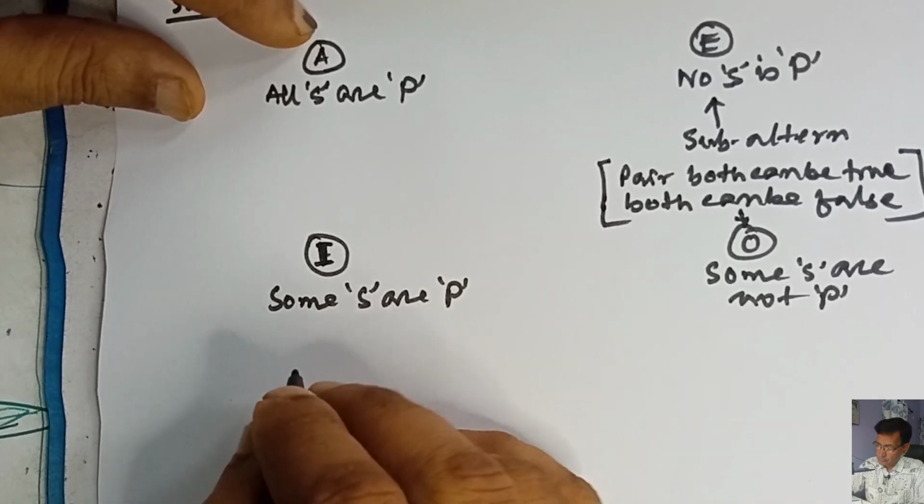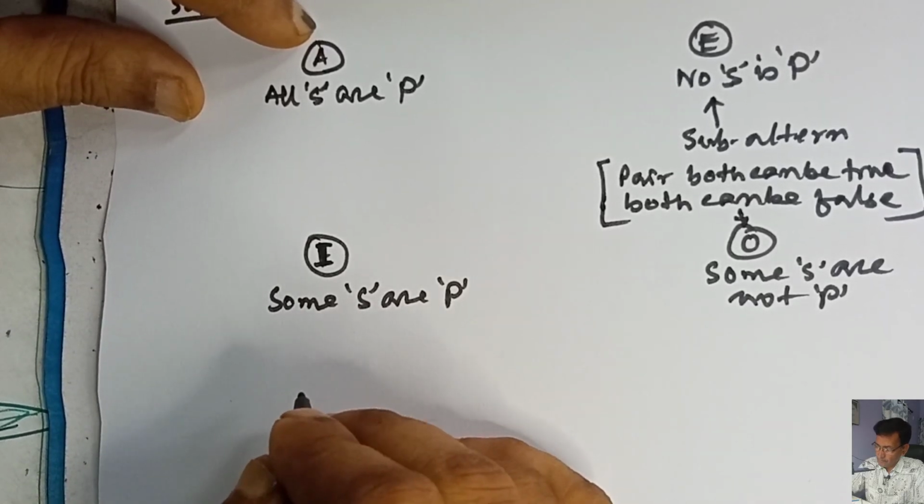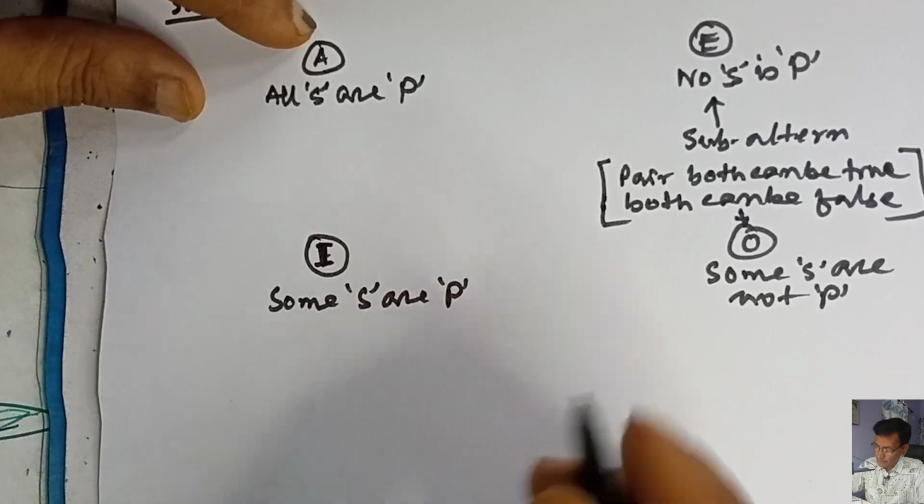So, A and R both can be true as they are subaltern.